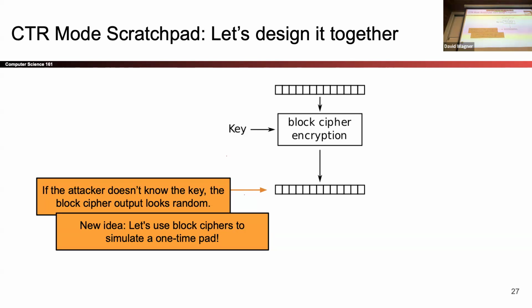Storing the ciphertext with the input. I want to do a one-time pad. So I want to somehow generate a pad from the key. And then I'm going to take that pad and XOR that with a message to get a ciphertext. So the challenge is, how do I get the pad?